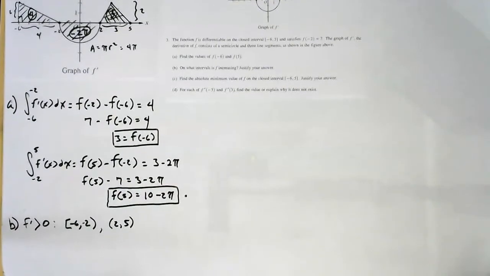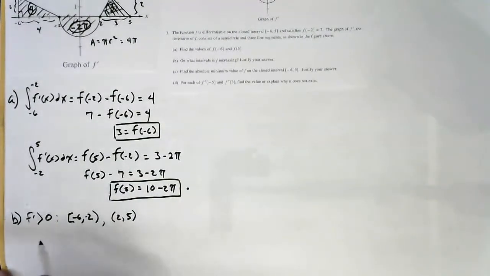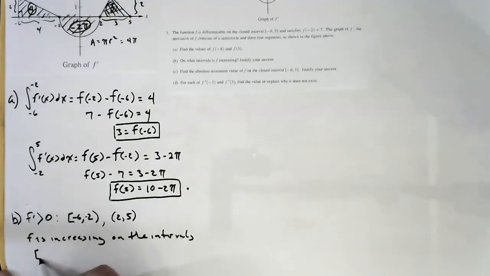is increasing. Well, there's where the derivative is positive, so we make a slight adjustment, and we say f is increasing on the intervals -6 to -2, and we can go ahead and include -2.